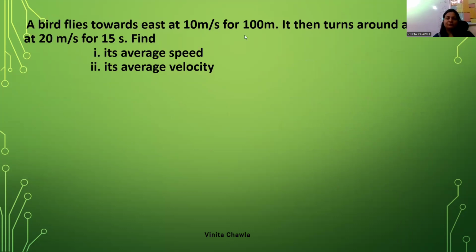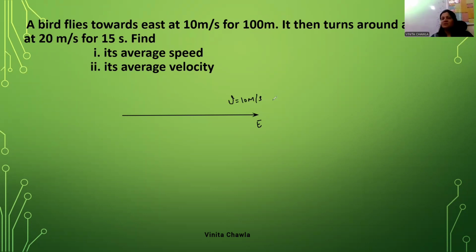A bird flies towards east at 10 meter per second for 100 meter. It then turns around and flies at 20 meter per second for 15 seconds. Find its average speed and its average velocity. So the bird is flying towards the east with a velocity of 10 meter per second for 100 meter.